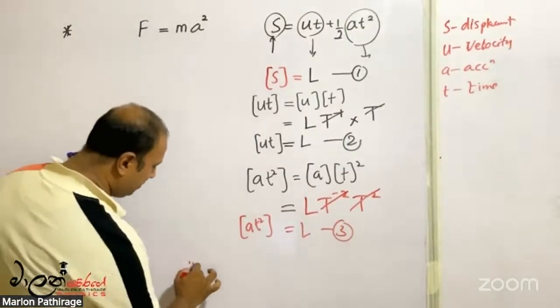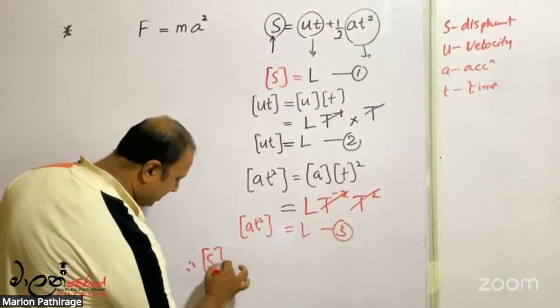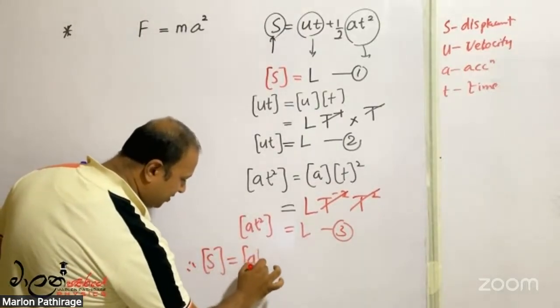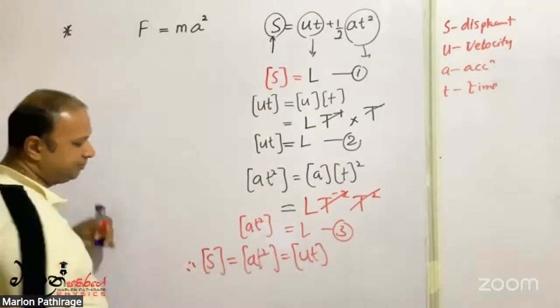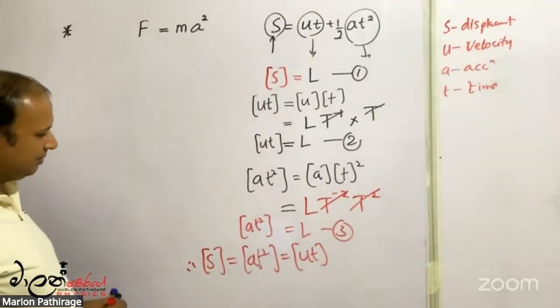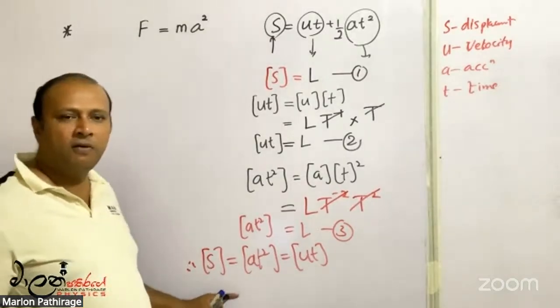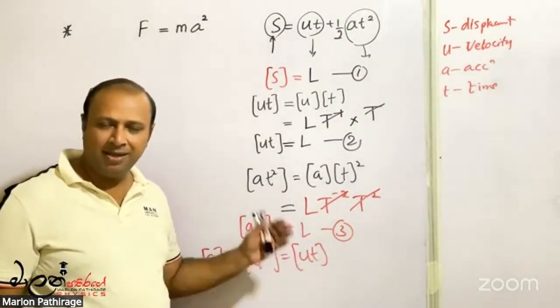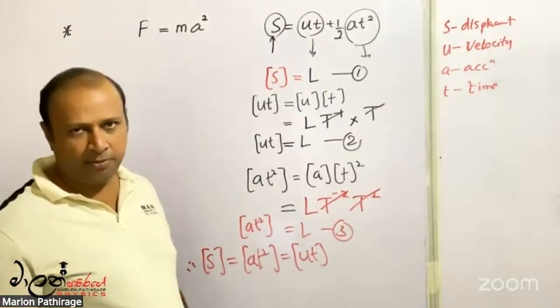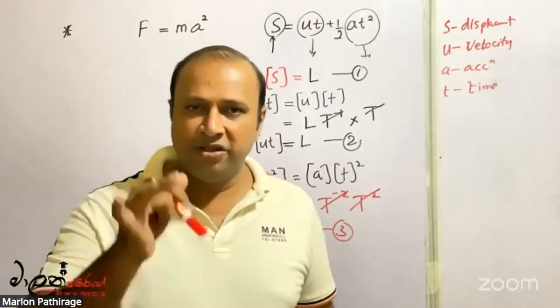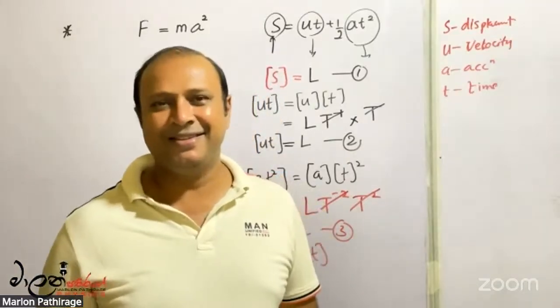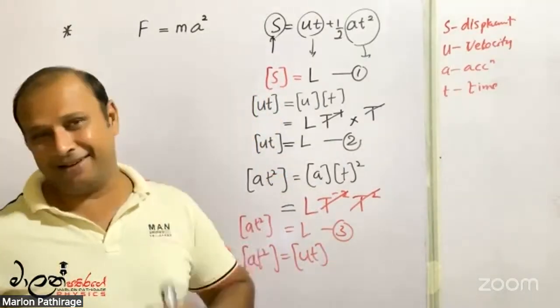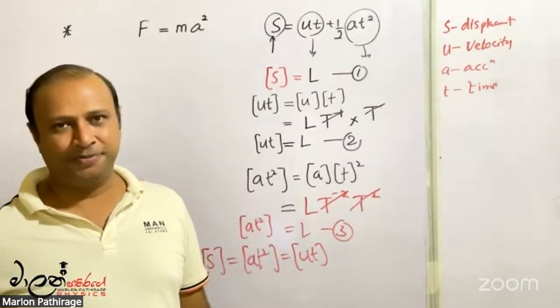Therefore, the dimension of S is equal to the dimension of AT squared, which is equal to the dimension of UT. Then I can write that all the terms in this equation have the same dimension. So this equation is dimensionally correct.